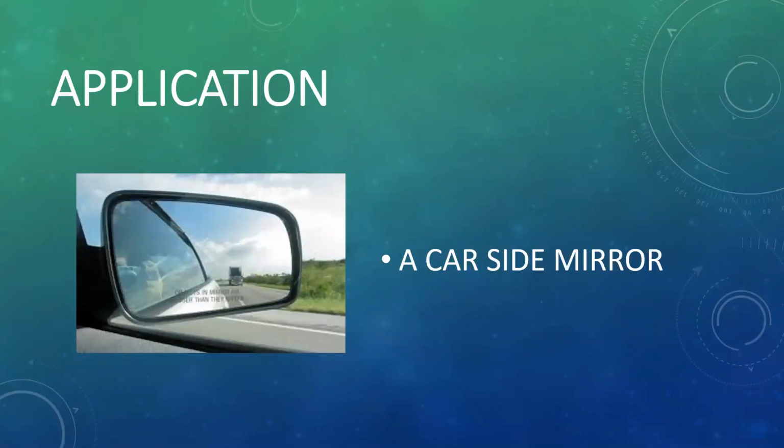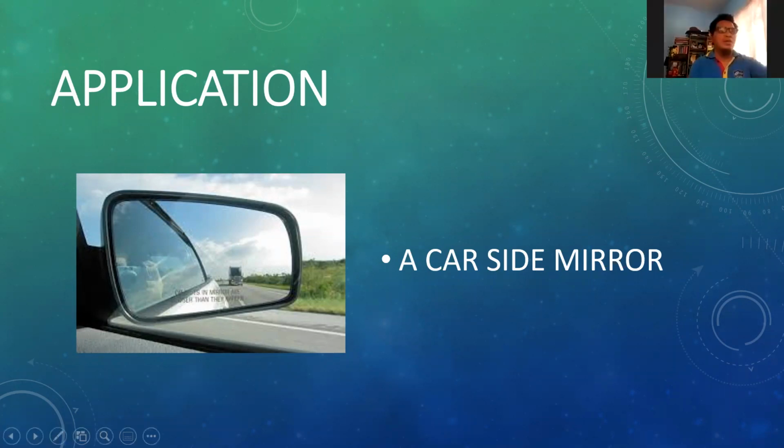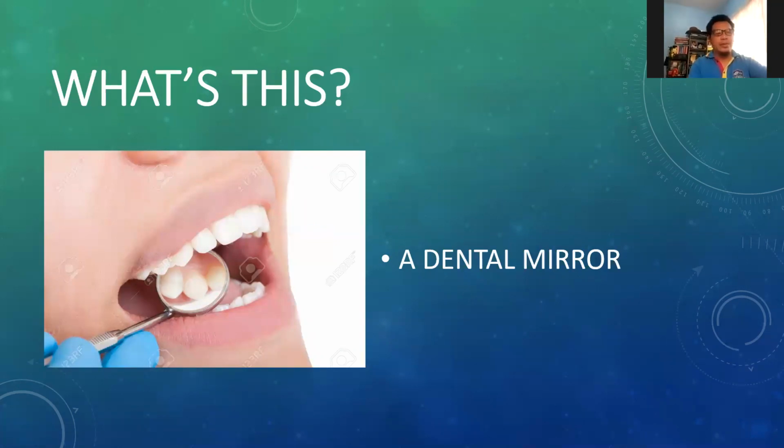Okay, so now that we know how to do the ray diagramming, let us determine the applications of these types of mirror. First, the car side mirror, as you can see here, is used for the driver to have a larger view of the road. Dentists use a dental mirror to enable them to see clearly the enlarged view of the teeth.